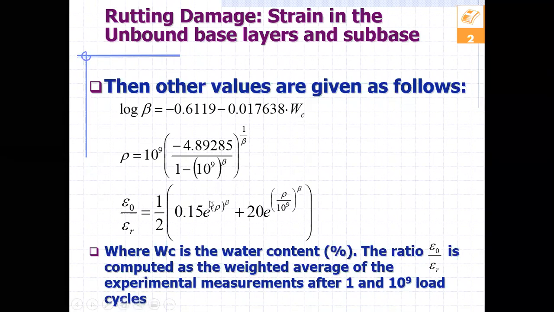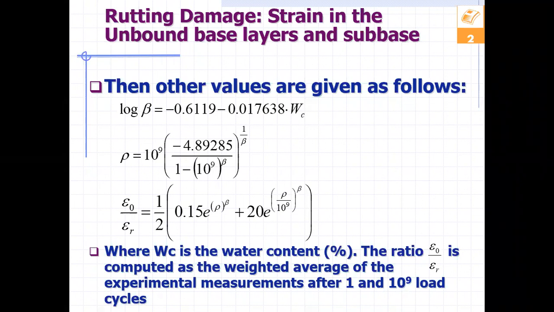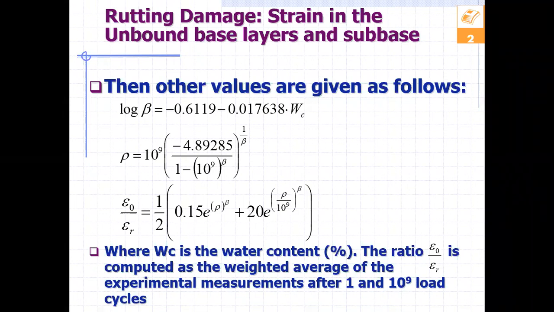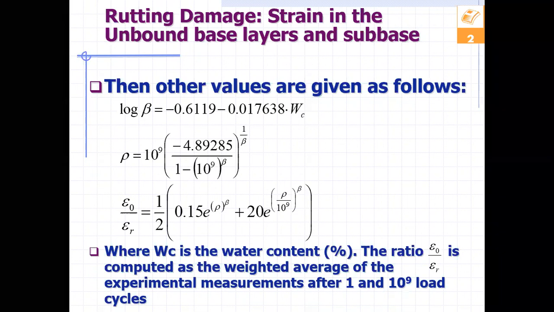But how do I know the amount of water content in the base and subbase? Can somebody tell me? Is the water content fixed through time, or does it change? It depends on the rain. Oh, it depends on the rain, you are correct, thank you. And it also depends on how good the drainage is to get rid of that water.